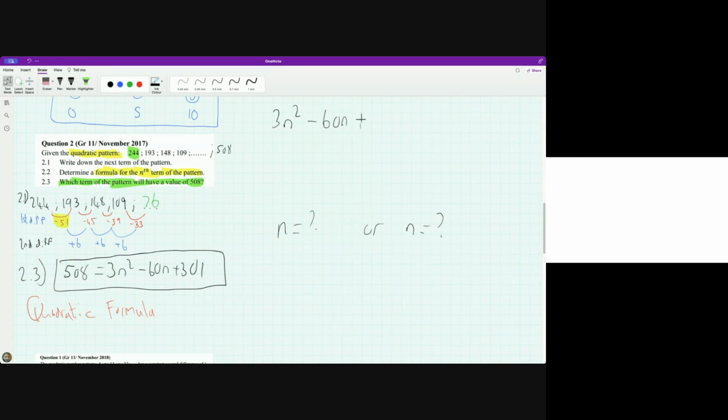Now I'm going to use my calculator. 301 minus 508. I get minus 207 equals 0, which means a is 3, b is minus 60, and c is minus 207. Can I get a thumbs up if everyone agrees with my a's, b's, and c's?